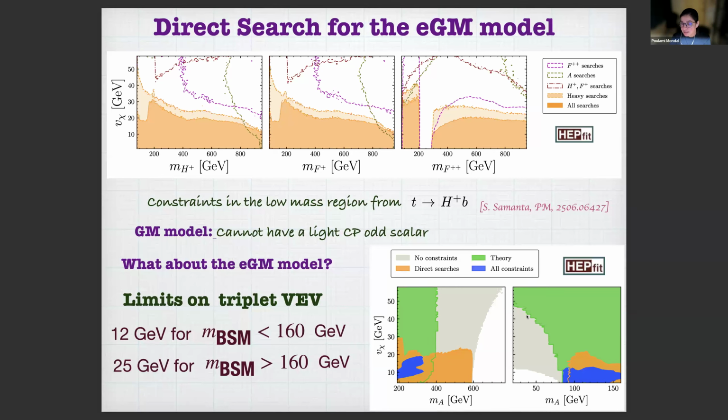And then you put theory constraints, you get much more constraints, and so on. Okay. But of course, these exercises depend on where you fix your 95 GeV. If you relax that, you can in principle have a light CP odd scalar. But large, that we have not seen actually.